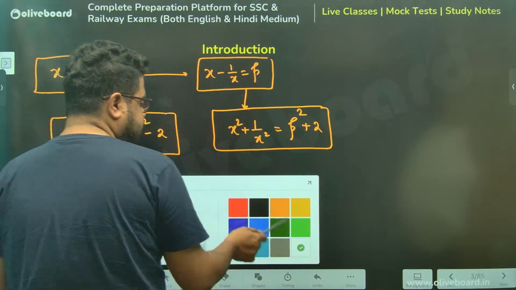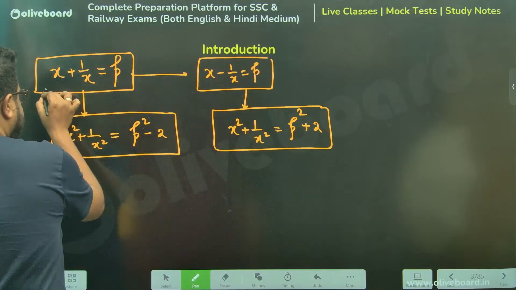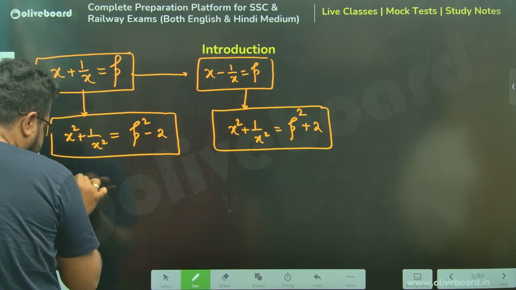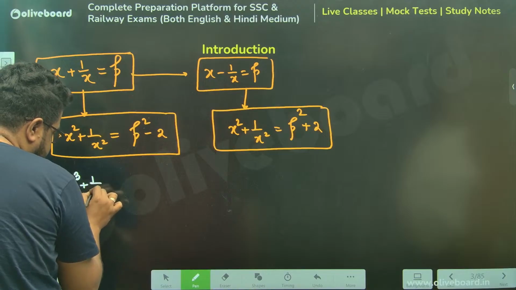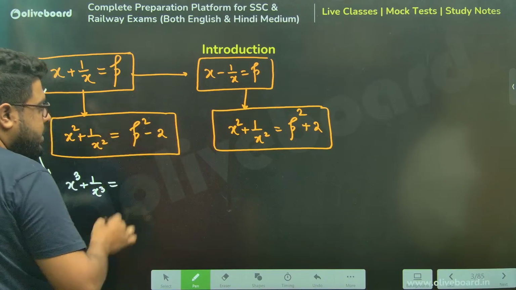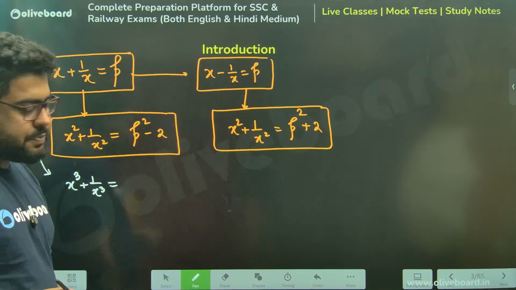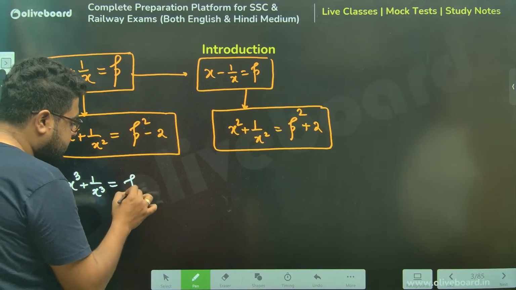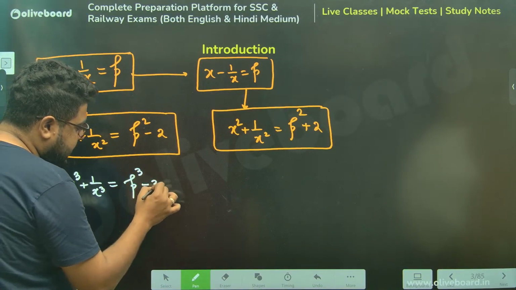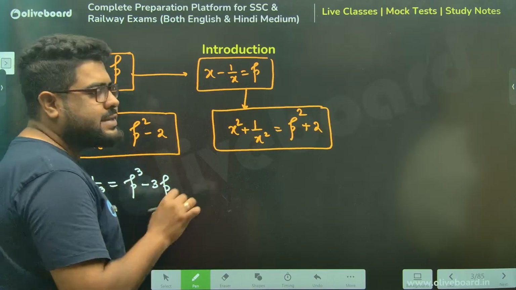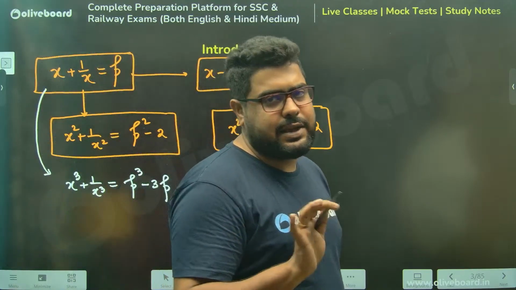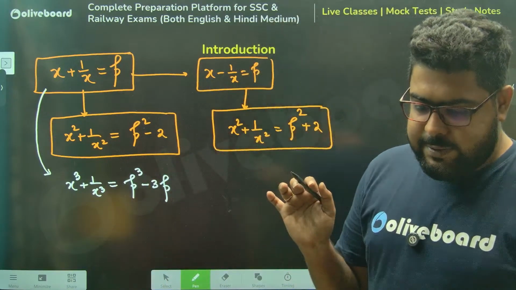Now the question is, what if we know this and they ask you to find the value of x cube plus 1 by x cube? From x plus 1 by x, you can find x cube plus 1 by x cube, which will be p cube minus 3p. Again, all we are doing is the a cube plus b cube formula, nothing else. No rocket science involved here.